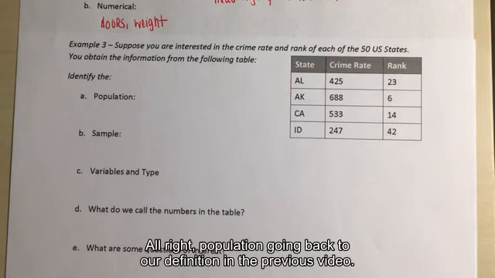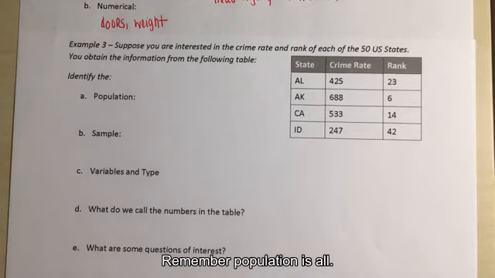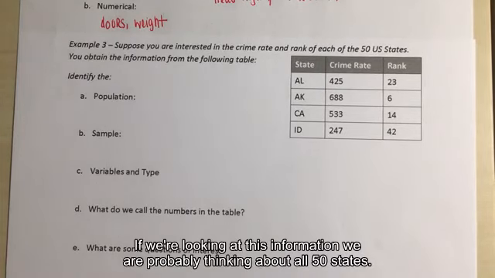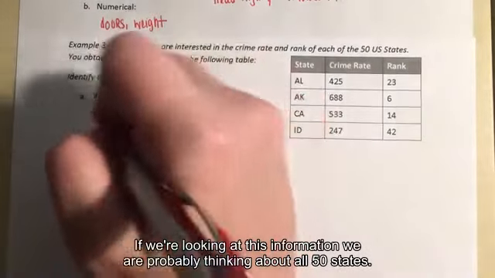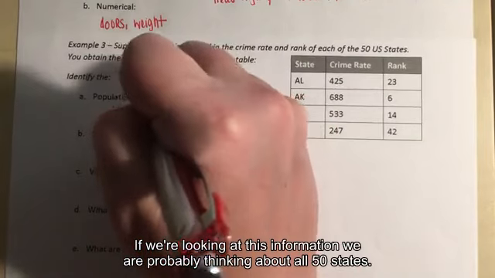All right, so population. Going back to our definition in the previous video, where we started in section 1.2, remember population is all. If we're looking at this information, we are probably thinking about all 50 states.